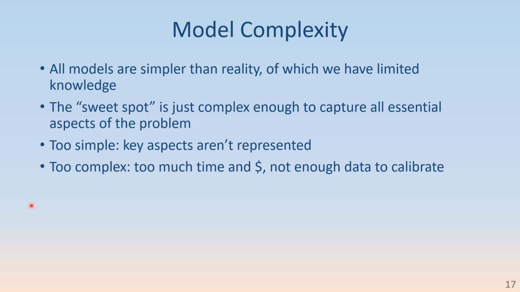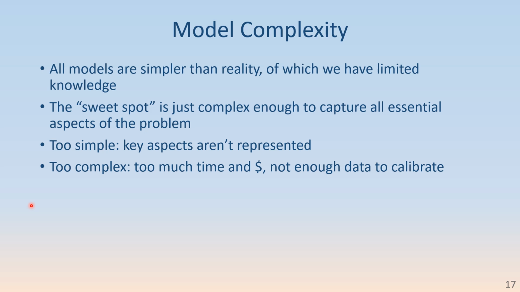So a simpler model actually is good in that it lets you experiment and try on a bunch of different concepts without having to reconfigure this beast of a model. It's a simpler and quicker model to build. And I think that the model you want is just complex enough to capture essential things in the problem.